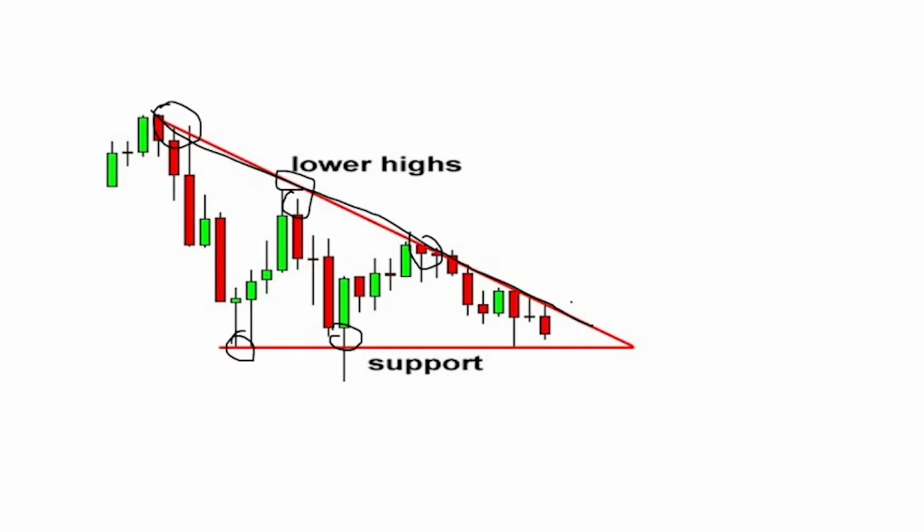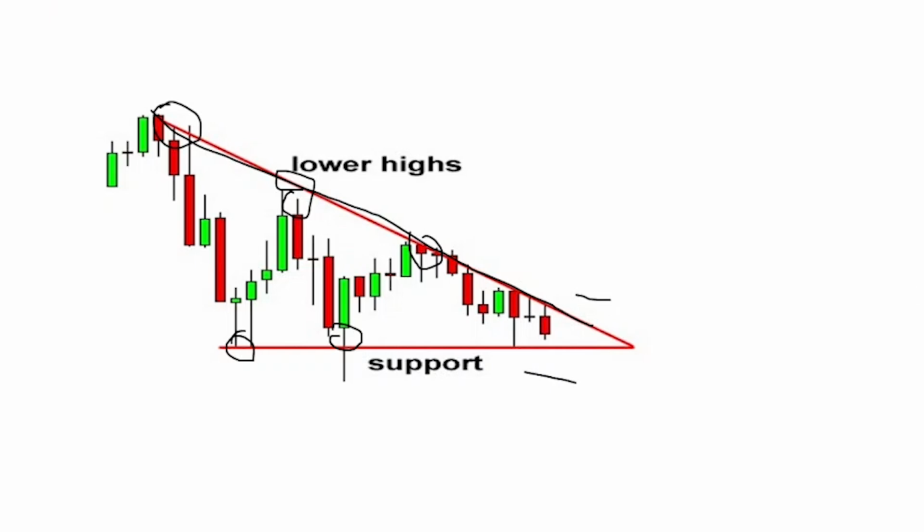Okay, so now how do we trade this chart pattern? Remember, we don't know exactly where the price is going to break, whether upside or downside. So what you have to do is wait outside of the pattern.